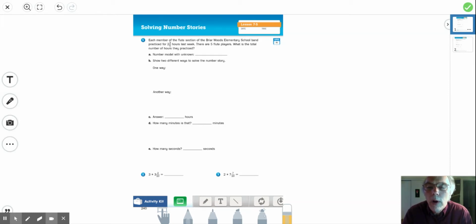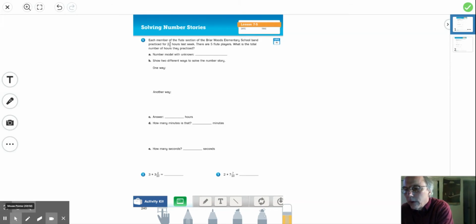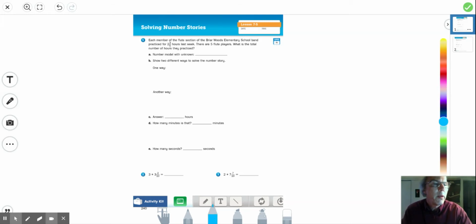So here's how this problem sets up. Each member of the flute section of the Briarwoods Elementary School Band practiced for 2 3/5 hours last week. So let's go ahead and underline that.